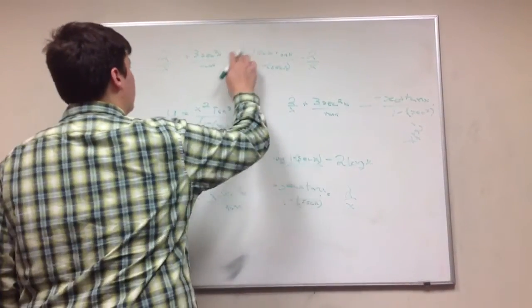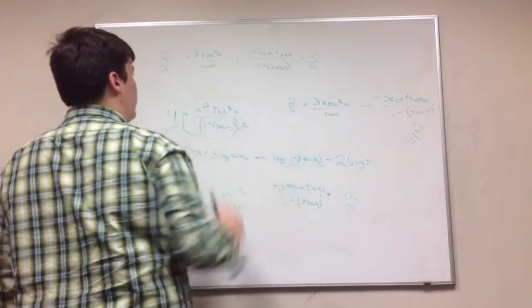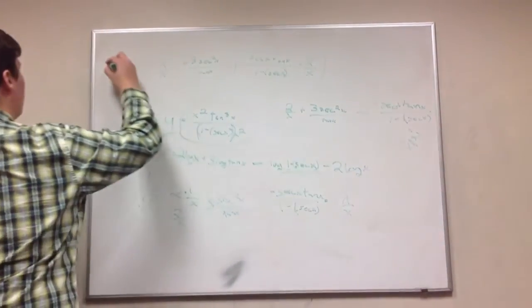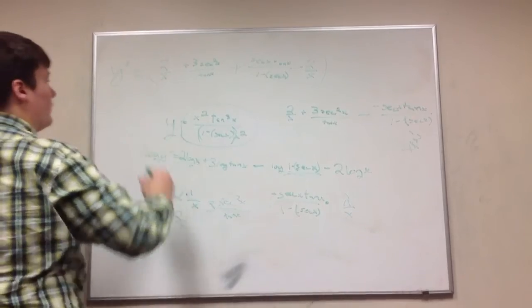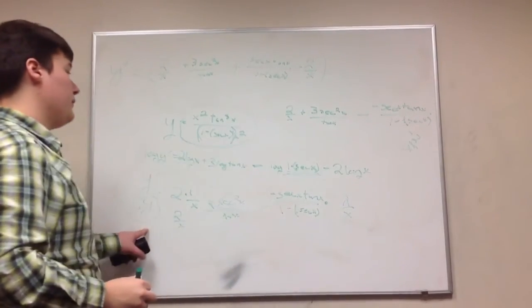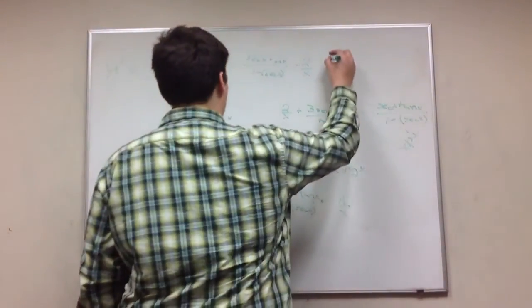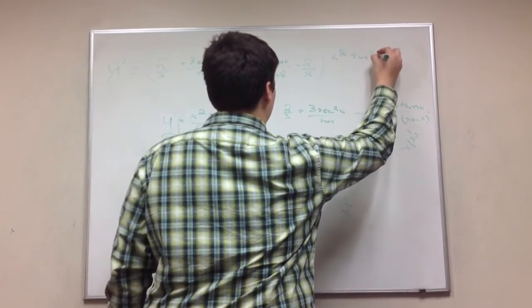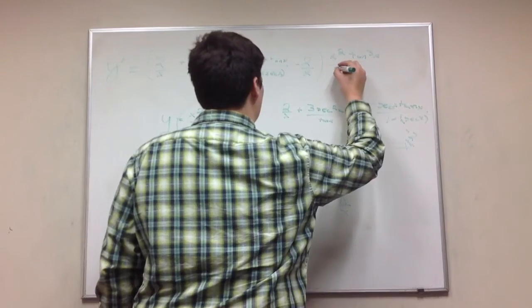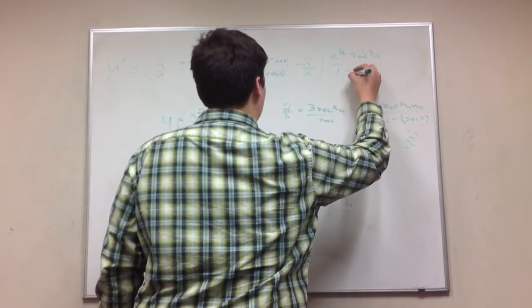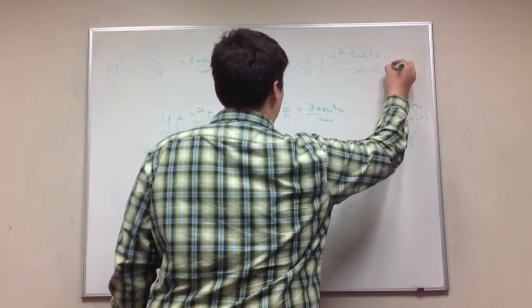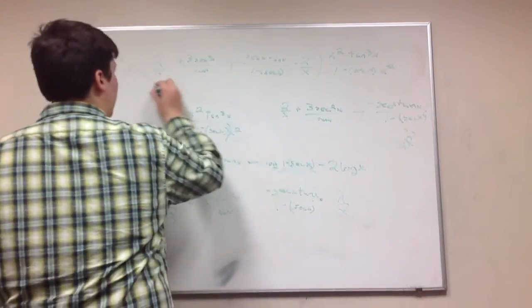We can change these to an addition symbol, and y prime equals that. And remember, we had to multiply the whole thing by y. So we get x squared tan cubed x over (1 minus secant x) squared. And that is the problem.